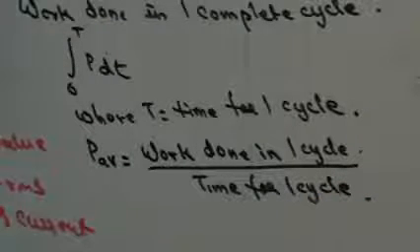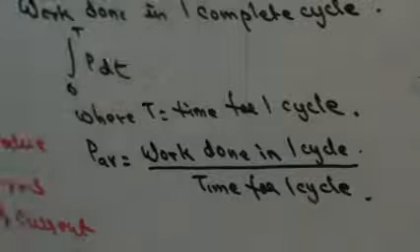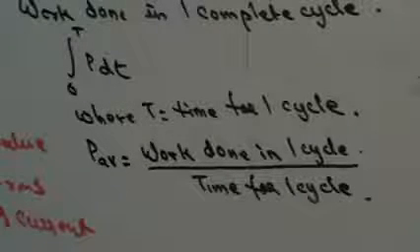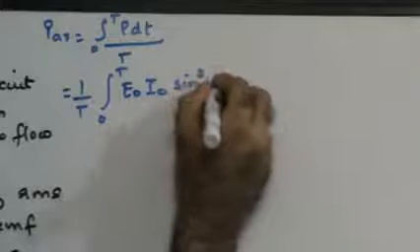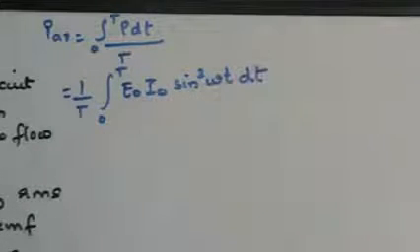Now, work done for one cycle we have already found out as integral of 0 to T P dt. So P average is integral of 0 to T P dt upon time for one cycle, which is T. So this is going to be 1 upon T integral of 0 to T. But power, the instantaneous power we found out, is nothing but E0 I0 sin square omega t dt.